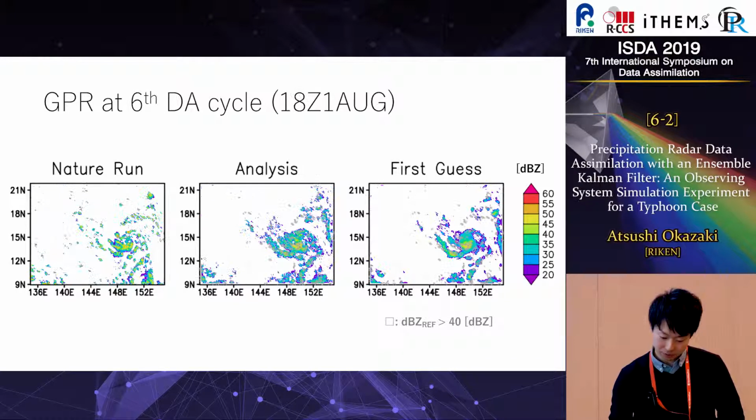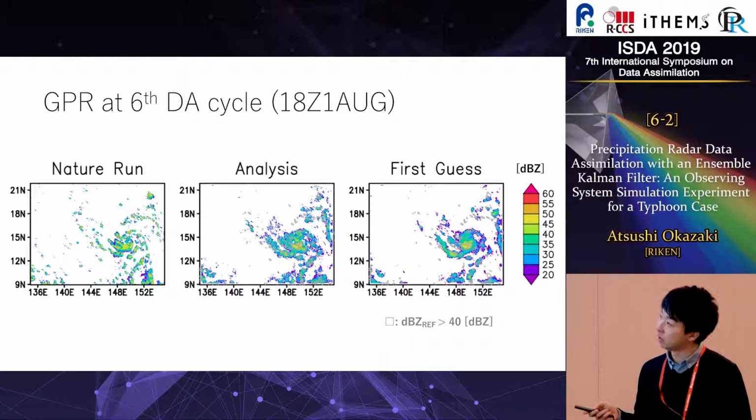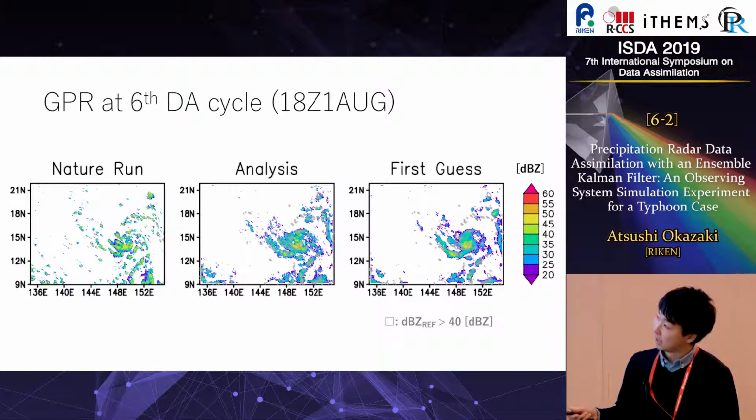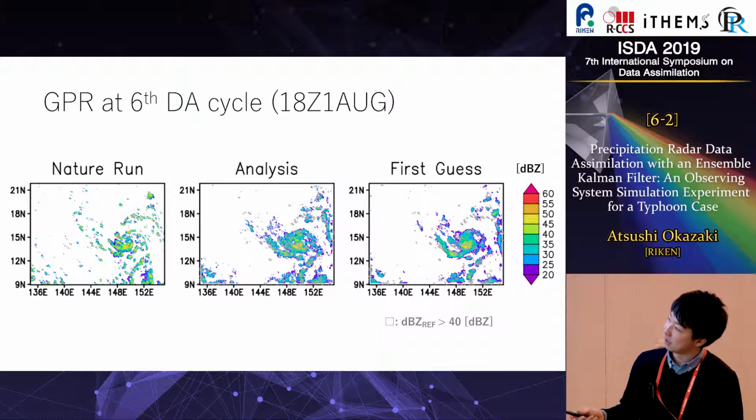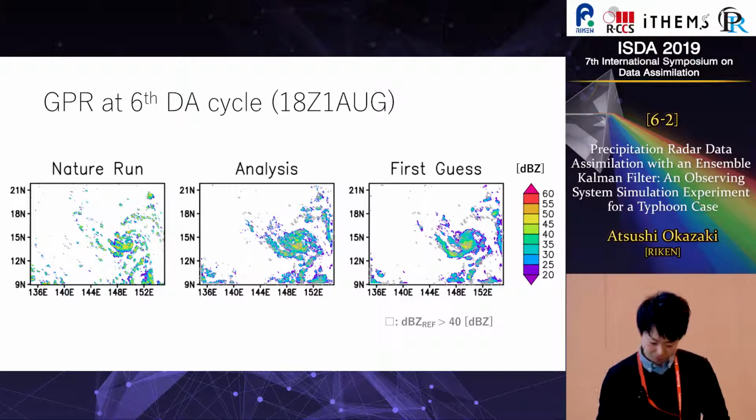After the first cycle, the analysis and the forecast both closely follow the nature run. As you may notice, the pattern is a bit spread compared to the nature run, but this is because what I showed here is the ensemble mean. So please note that.